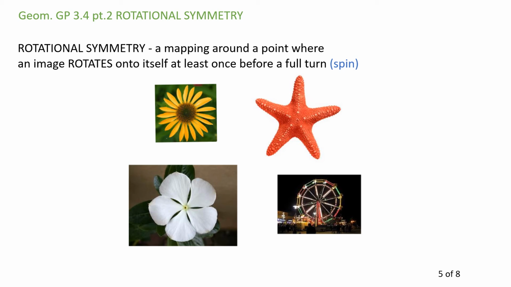Like I talked about already, rotational symmetry is where you take this and rotate it around 360 degrees. You're going to see this appear 1, 2, 3, 4, 5 times before it goes back to itself. A Ferris wheel is probably the best one to think of because it actually is moving.